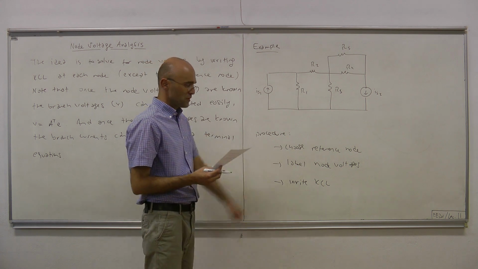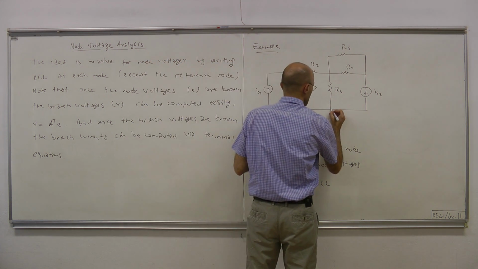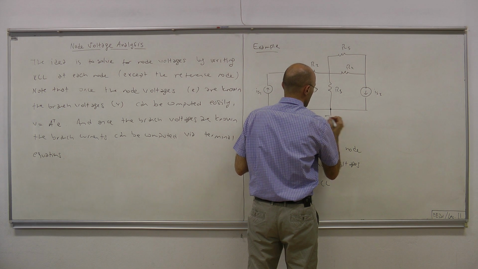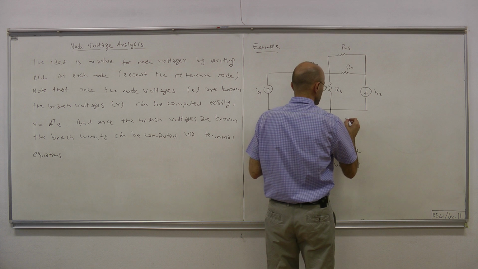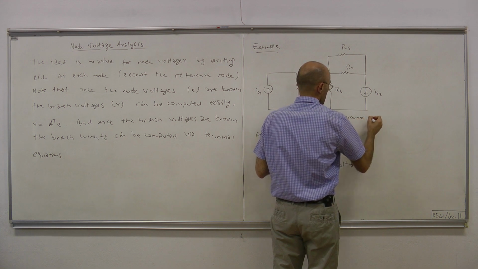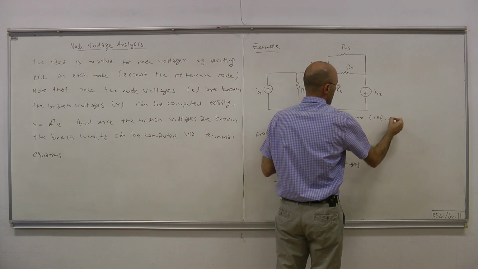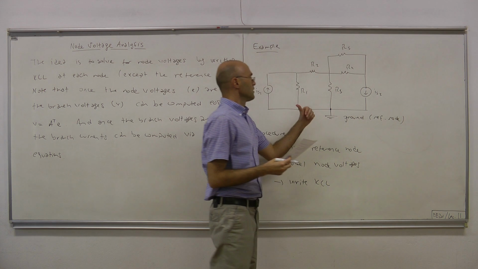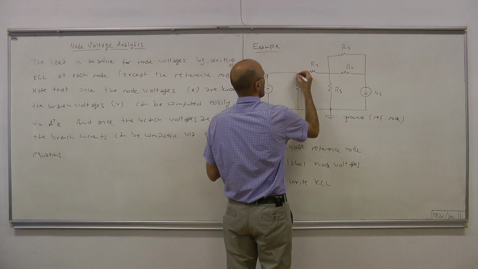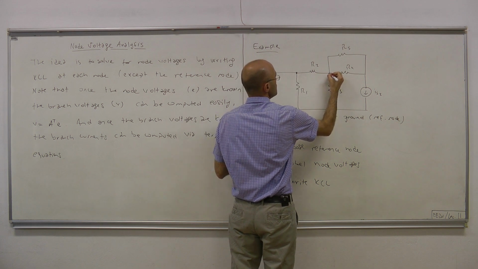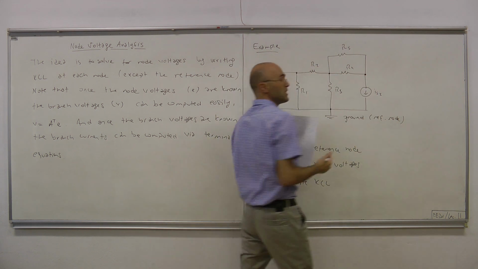Okay, so let's choose a reference node. Let's choose this node as our reference node. So that's our ground node. Besides that node, we have 1, 2, and 3 more nodes.